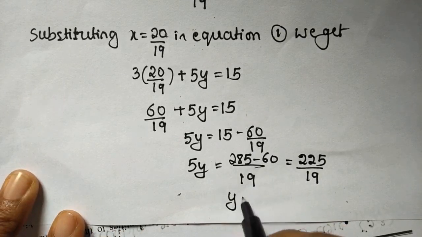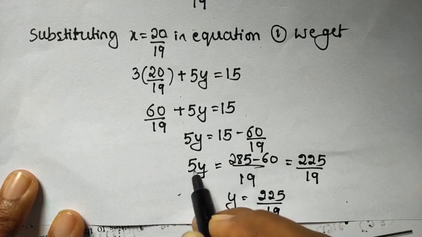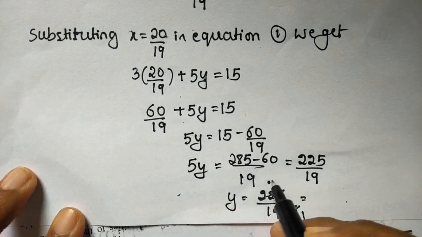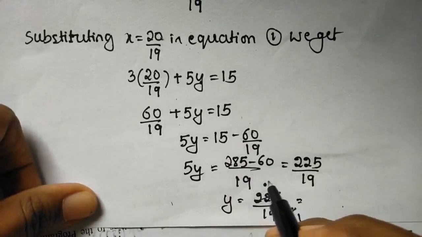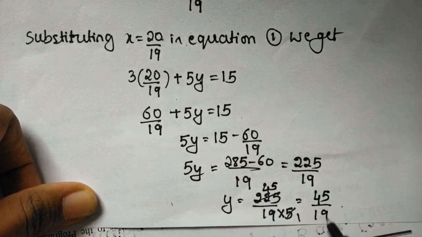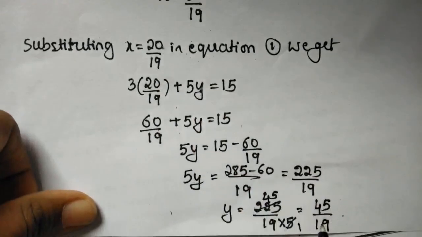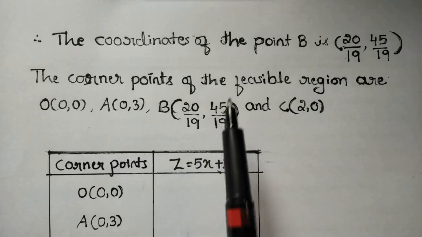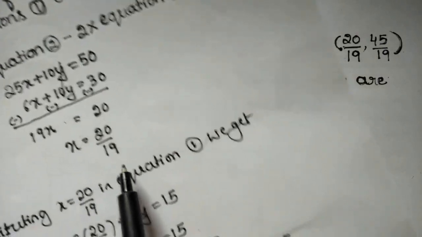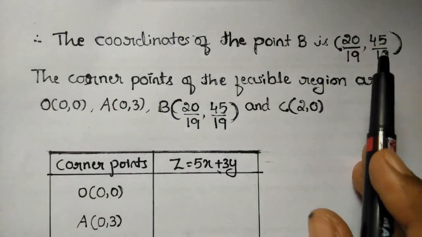Then y is equal to 225 divided by 19 into 5. 5 ones are 5, 5 forty-fives are 225, then y is equal to 45 divided by 19. These are the coordinates of the point B. The x coordinate is 20 by 19 and the y coordinate is 45 by 19.